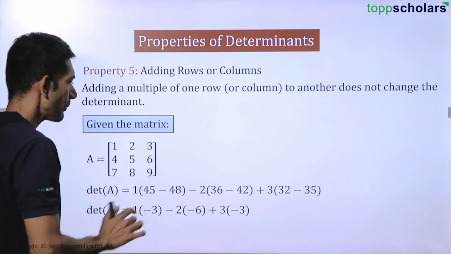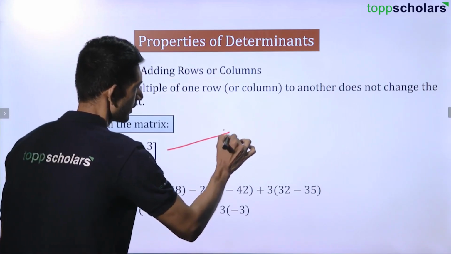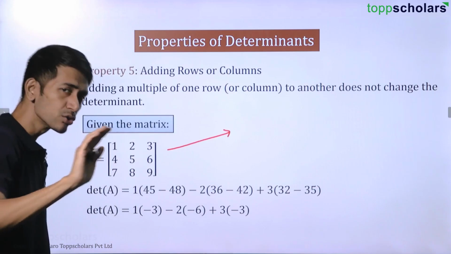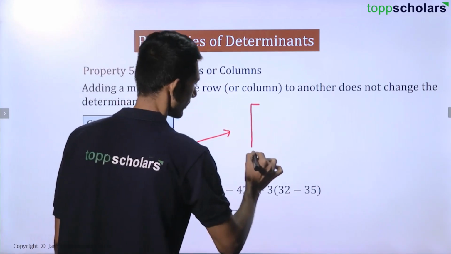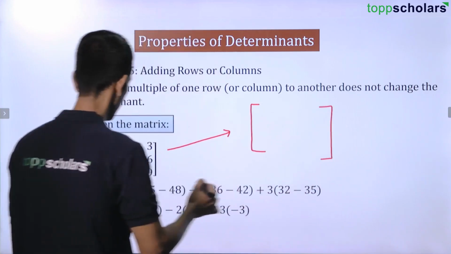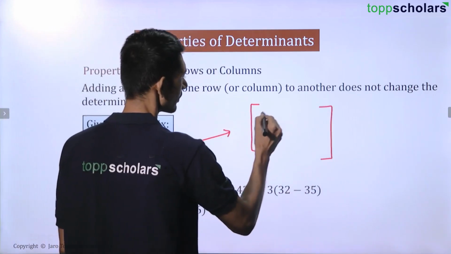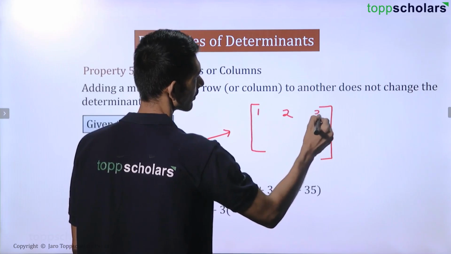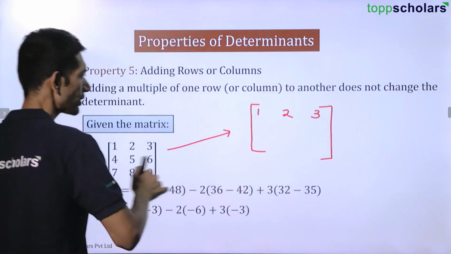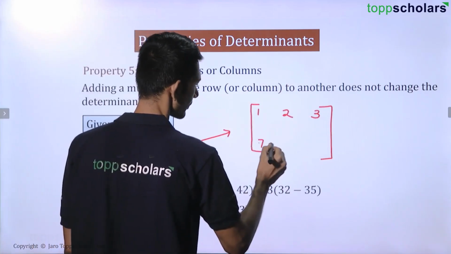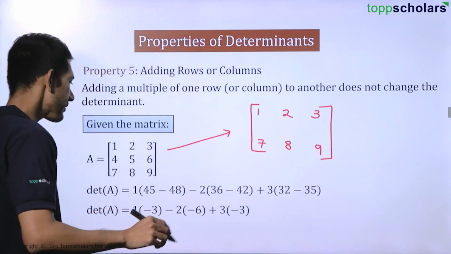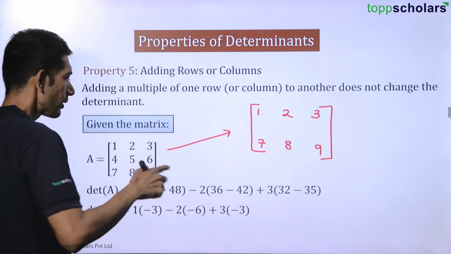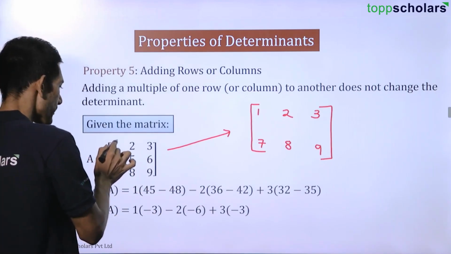Now this is your matrix. We are changing row 2. So we are not changing row 1, we are not changing row 3. Row 1 remains as it is. Row 3 remains as it is. In row 2, we are adding 2 times row 1.